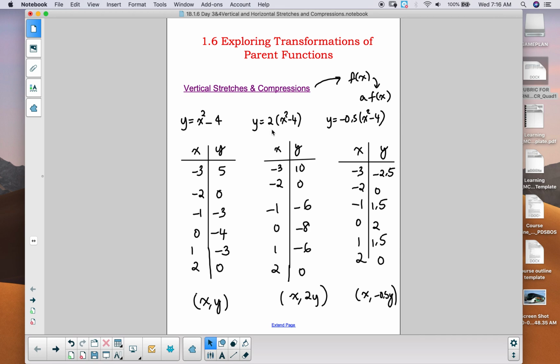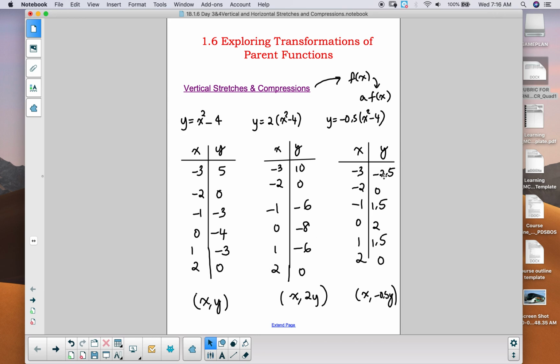So that's what happens when you multiply the entire function with a variable, in this case 2, then that function stretches by that many times. So your ordered pairs are now x comma 2 times y.